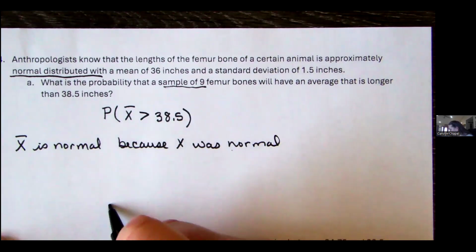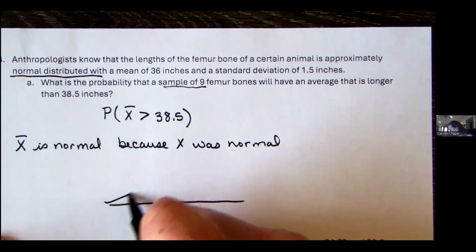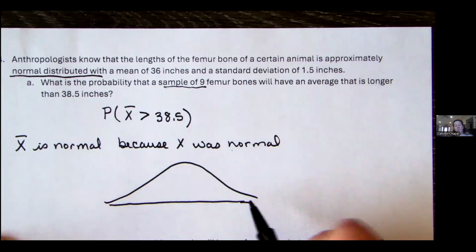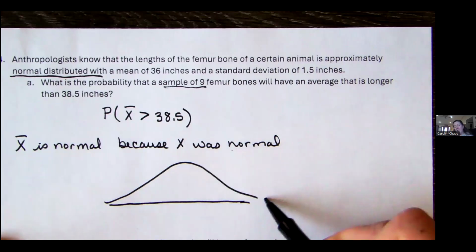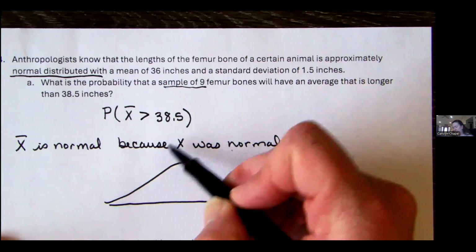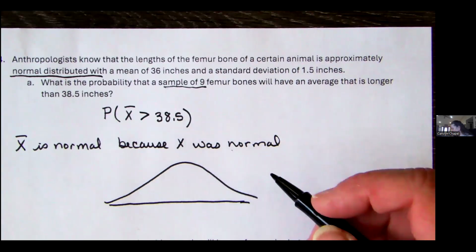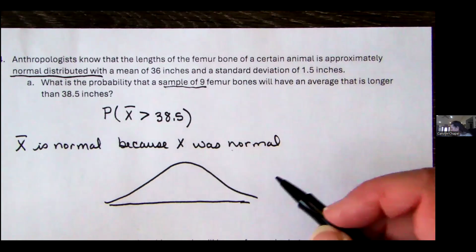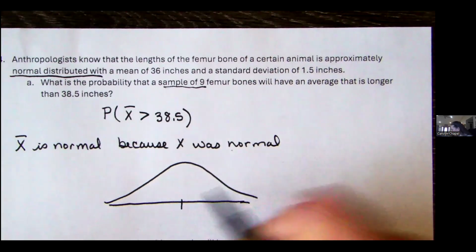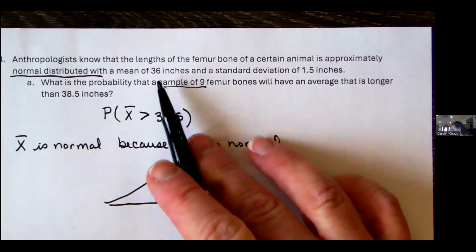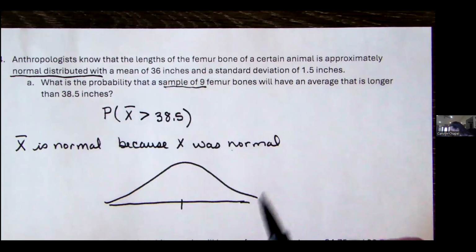I also know, so it's going to be kind of like that one picture that I showed you earlier, where this is the original curve and the next one for X bar is going to be a little steeper. I always write them the same, so my pictures don't reflect that. We have a mean of 36.